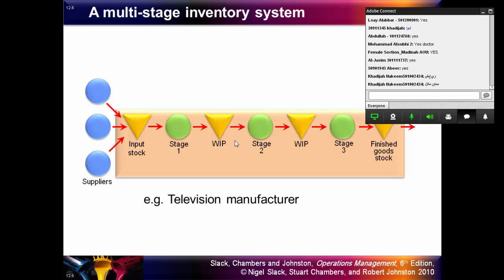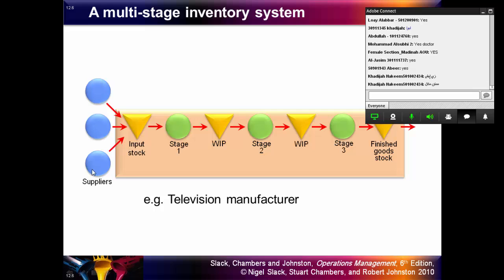As we can see here, we have several stages in inventory. This is the first inventory stage, this is the second, this is the third, and this is the final inventory stage. Like a television manufacturer, you can imagine that we have small circuits.